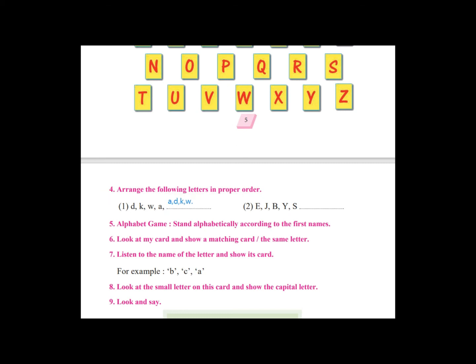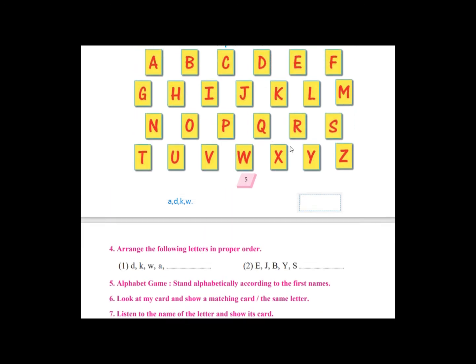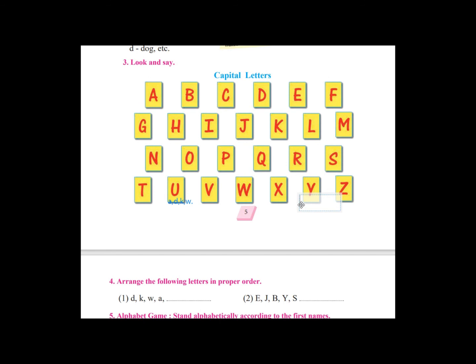Now again students, see here. Here again you have to arrange this in alphabetical order. For solving this, first we have to see the capital letters. Now let's see. A, J, B, Y, S. So what comes first here? Look here.